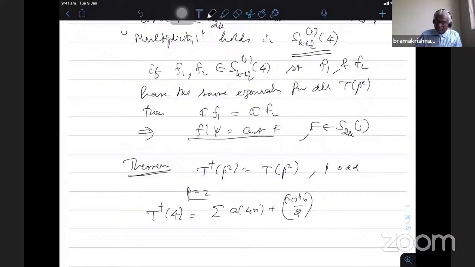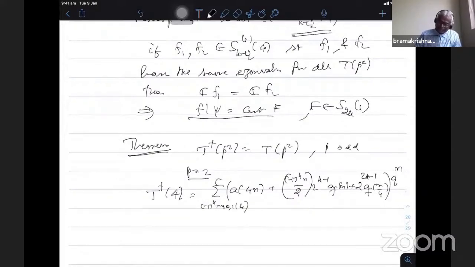This symbol is defined as a character modulo 8, where the numerator should be 0 or 1 mod 4. If it is not, then the symbol value is 0. So it is not the usual character. Plus 2^{2k-1} a_f(n/4), the whole power q^n. So here I have to put (-1)^k n congruent to 0 or 1 mod 4. That condition will be there.